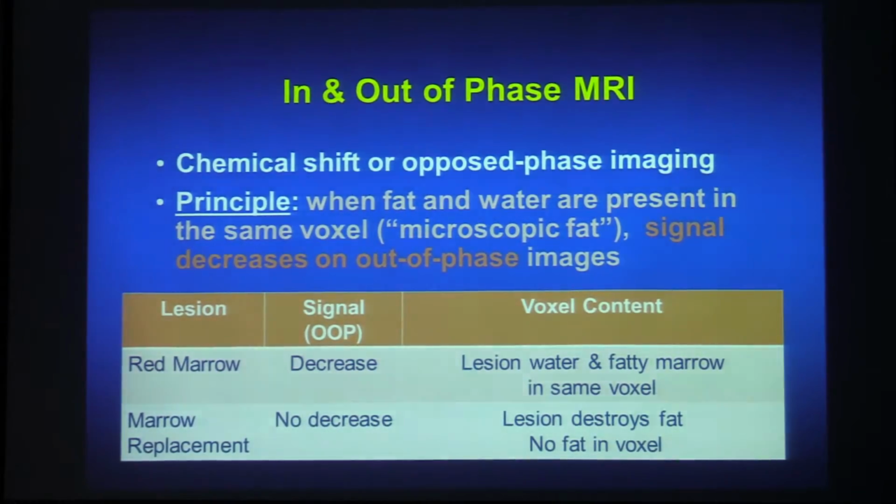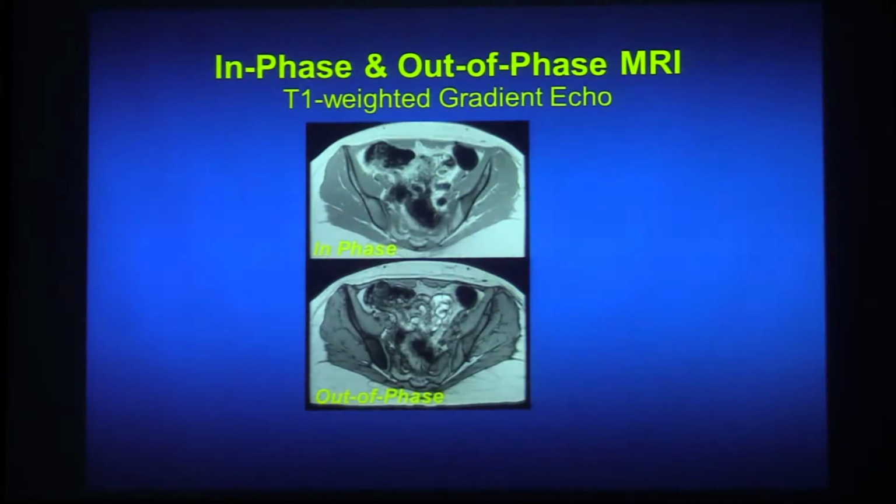So we'd expect red marrow to decrease on out-of-phase images because we have the hematopoietic elements together with fat, whereas a marrow replacement process like a metastasis, leukemia, lymphoma, something like that, we won't see a decrease because that process has eliminated any fat from those voxels.